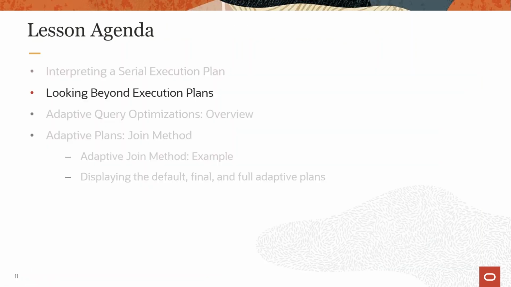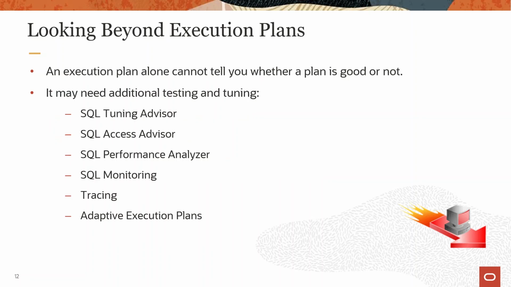Now the second bullet is: which tools do you have to look beyond execution plans? An execution plan alone cannot tell you whether a plan is good or not, because the type of table that you use or the type of index that you have created will also greatly influence the performance of the execution of an SQL statement. So maybe you will have to perform some additional testing and tuning.